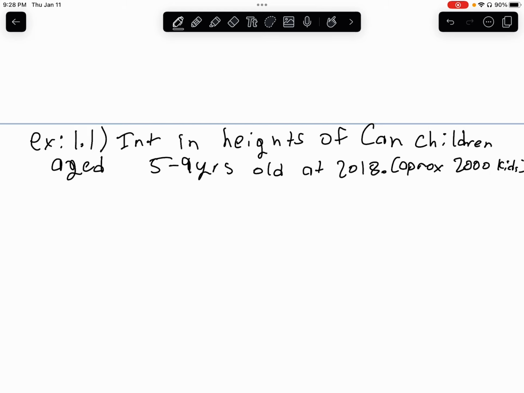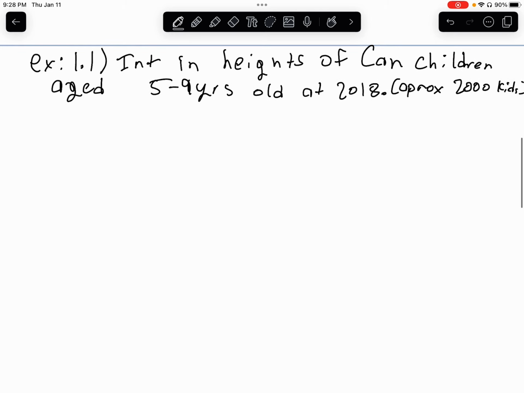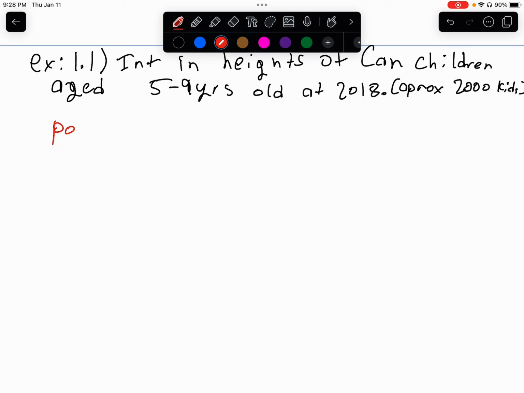So our population in this problem, I'm going to change the color, is the 2,000 kids. Sorry, I apologize. We can define that as N, but it's going to be the 2,000 kids in Canada aged 5 to 9.